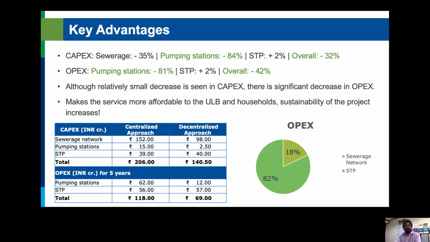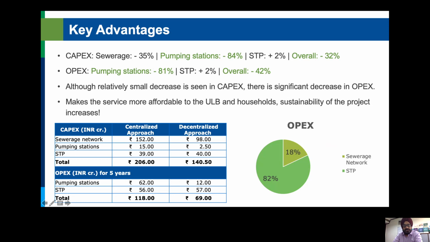When we did a review, we found that a centralized approach of a sewerage system is expensive. It would be about 206 crores in capex, whereas the decentralized would be much less, and the opex would be significantly less. Nearly half of the opex of a centralized system would come from a decentralized approach.